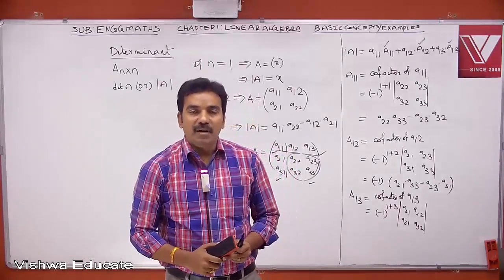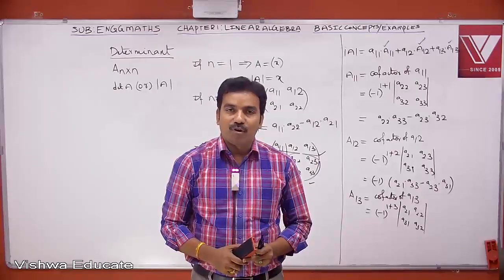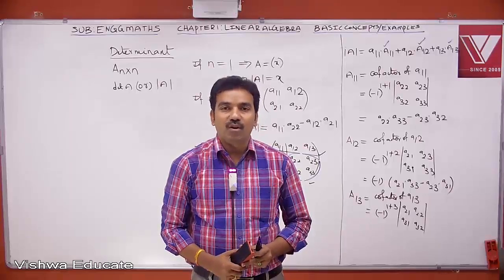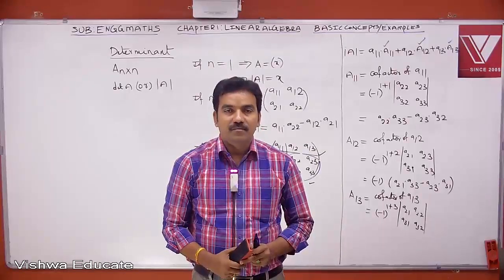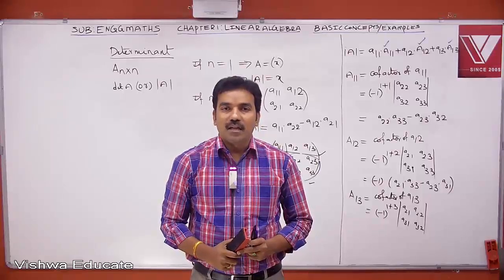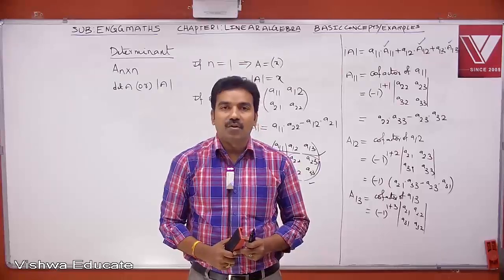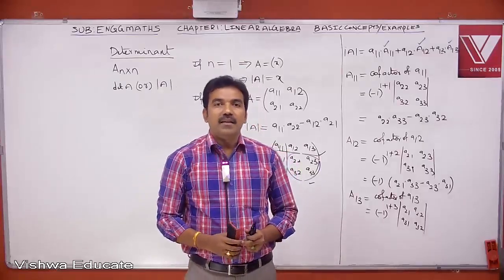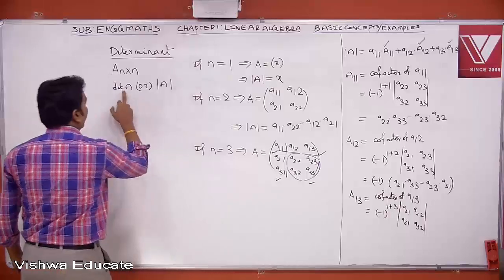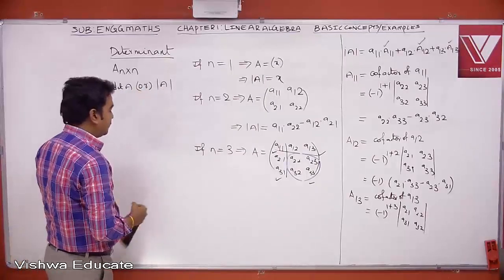The sum of products of elements of any row or column along with their cofactors is called the determinant of capital A. It is denoted by det A or mod A.